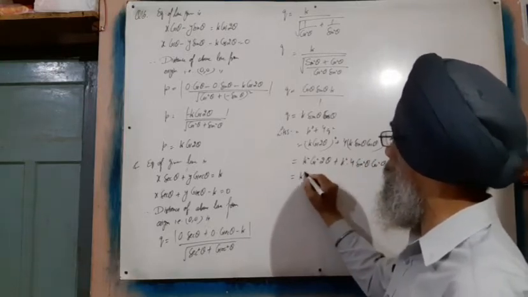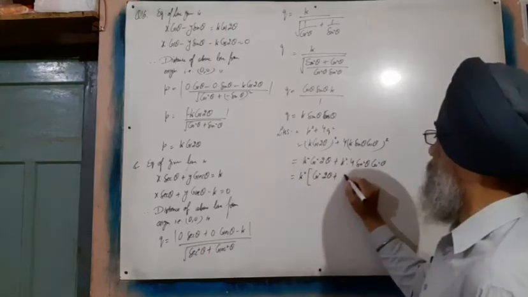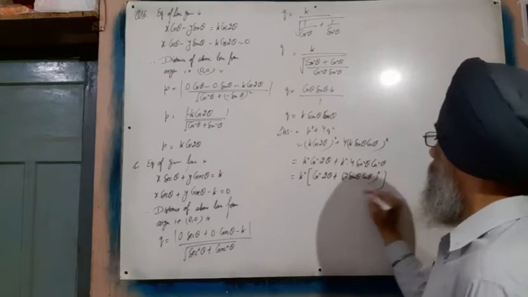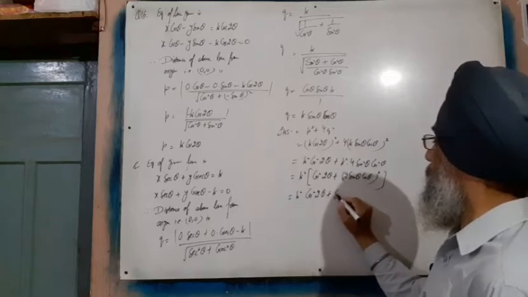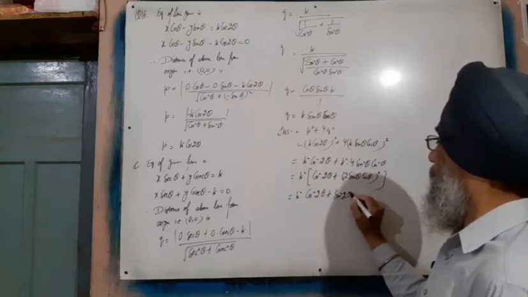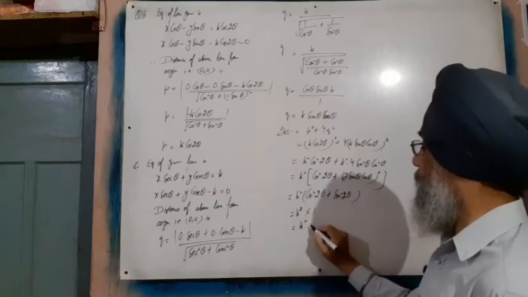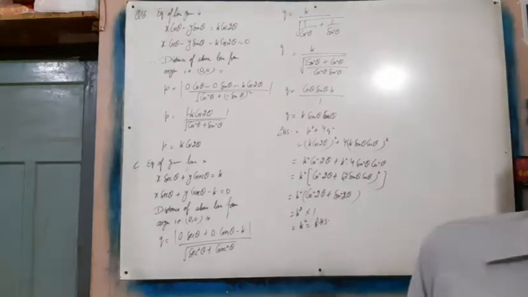Taking k square as common, cos square 2 theta plus 2 sin theta cos theta whole square, that is sin 2 theta, k square into cos square 2 theta plus sin square 2 theta, which is equal to 1. So, we get here k square, that is the RHS. Clear?